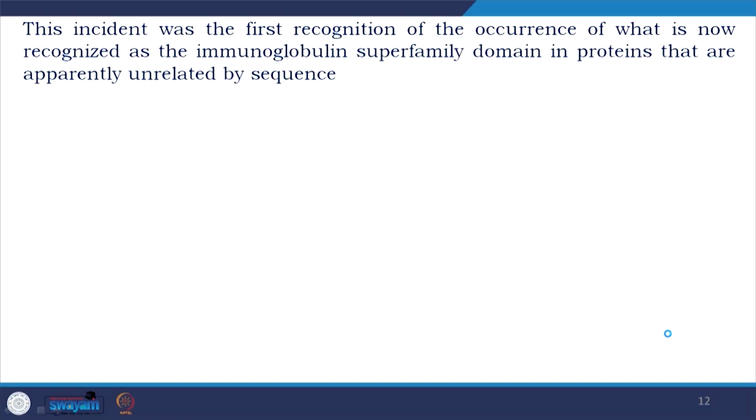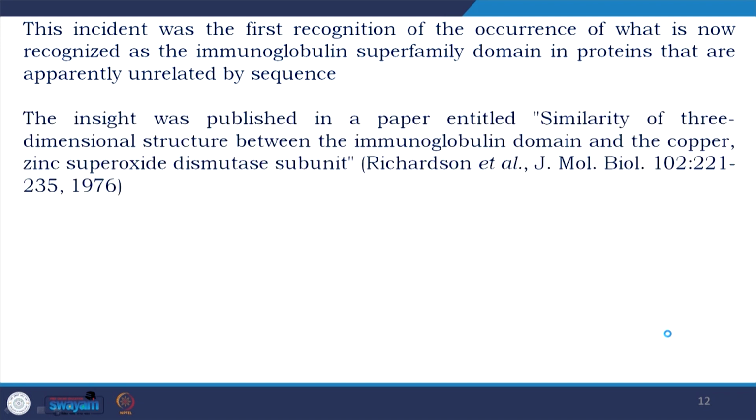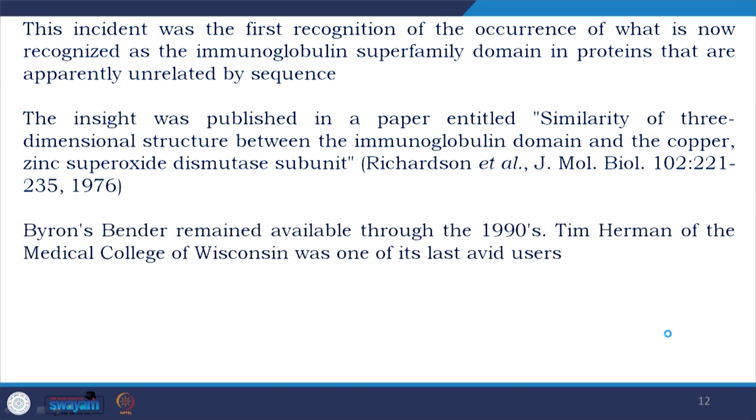This incident was the first recognition of the occurrence of what is now recognized as the immunoglobulin superfamily domain in proteins that are apparently unrelated by sequence. The insight was published in a paper entitled Similarity of Three-Dimensional Structure between the Immunoglobulin Domain and the Copper Zinc Superoxide Dismutase Subunit. Byron's bender remained available through the 1990s.